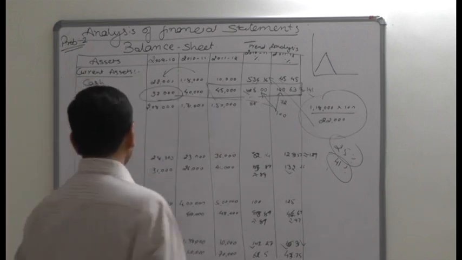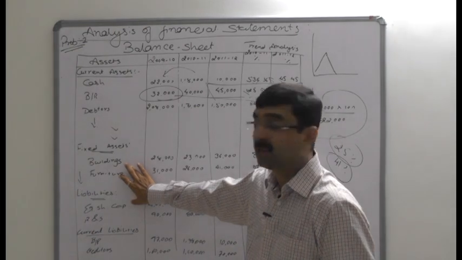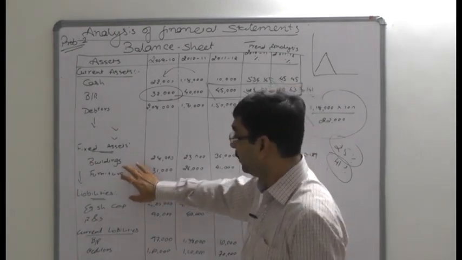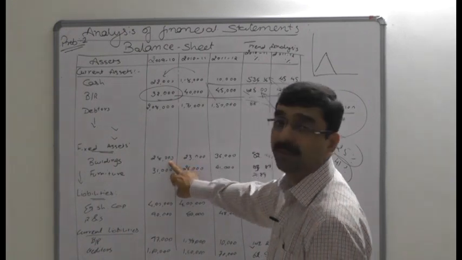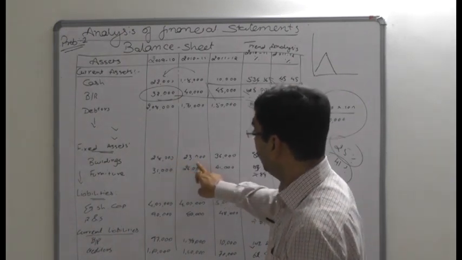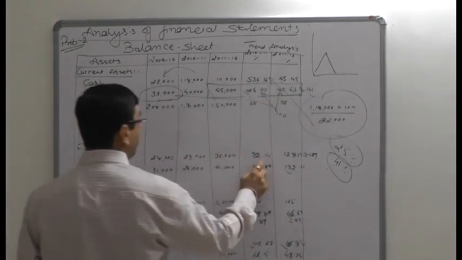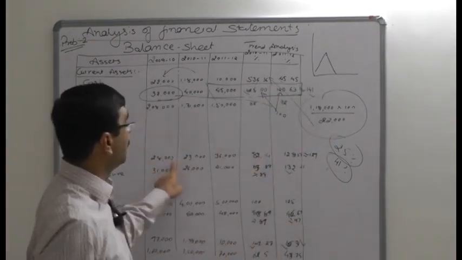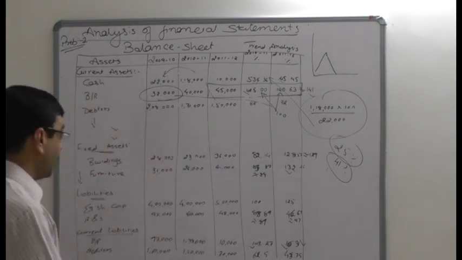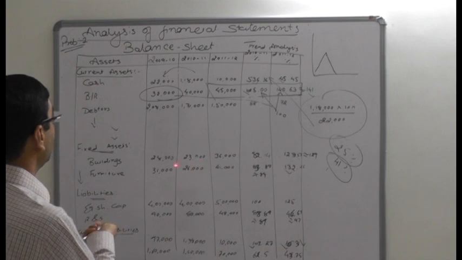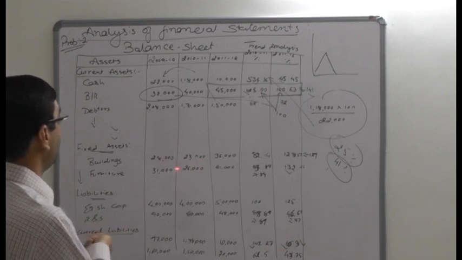Now see the fixed assets. Two samples of fixed assets are taken for explaining this problem. In 9-10 the building has a value of 28,000, which goes down in 10-11 to 23,000. That shows a negative impact. The base year is 100, but here 82% is showing because the amount of building has decreased as compared to the base year.